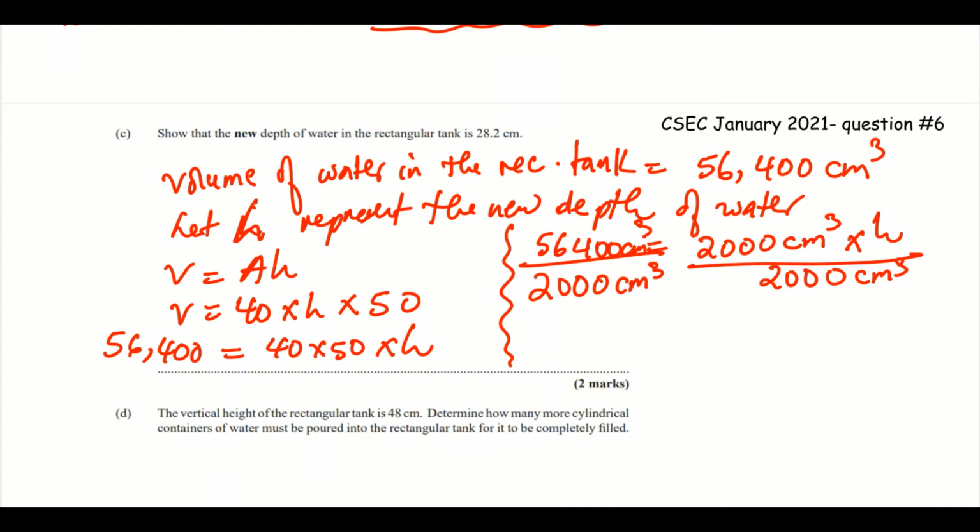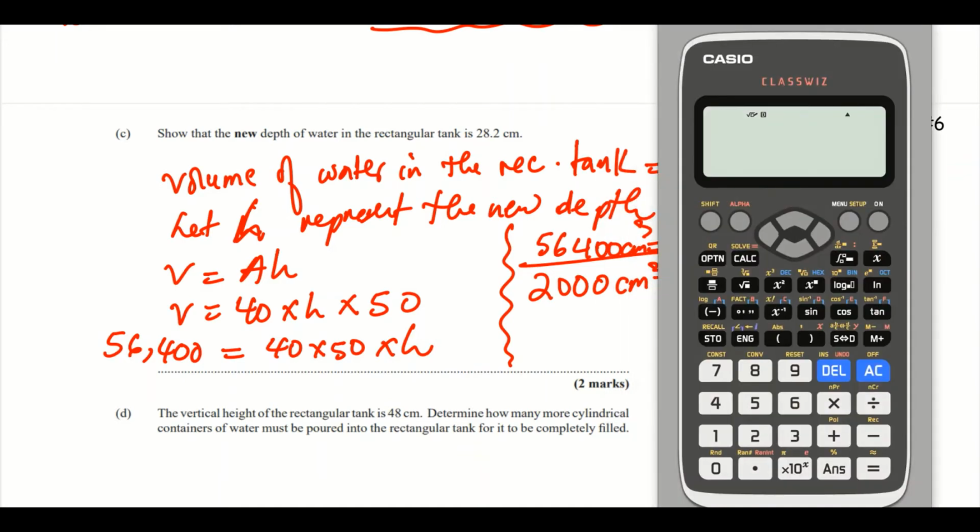So let's pull up our calculator. 56,400 divided by 2,000, and we get 141 over 5, 28.2.